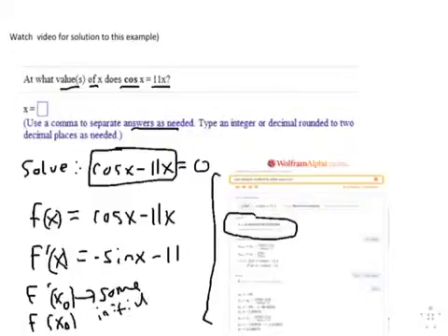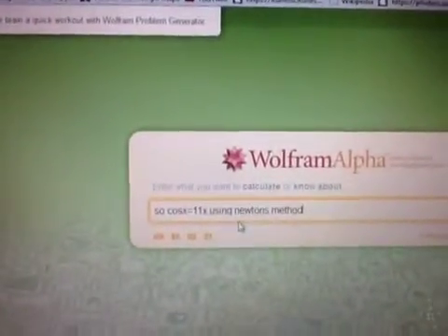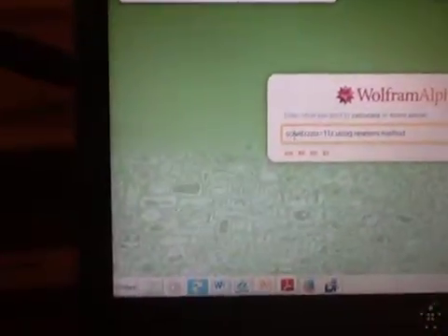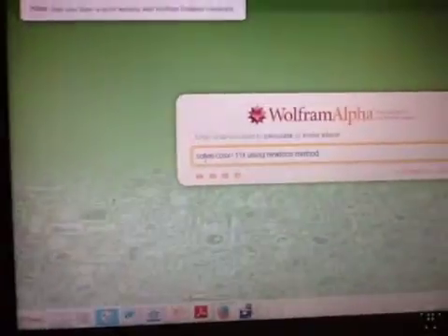But with this particular problem, I just really wanted to show you how lovely Wolfram Alpha will do this for us. Now I'm going to pull up the live camera here in a sec. So you can see here I've got the live feed going, and I typed in, I'll zoom in there so you can see, solve cos x equals 11x using Newton's method.